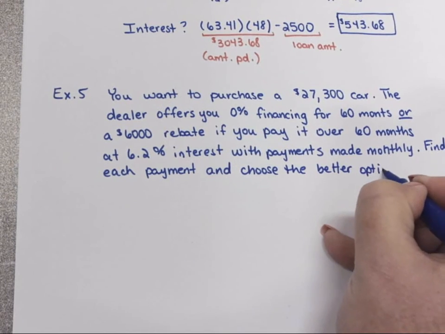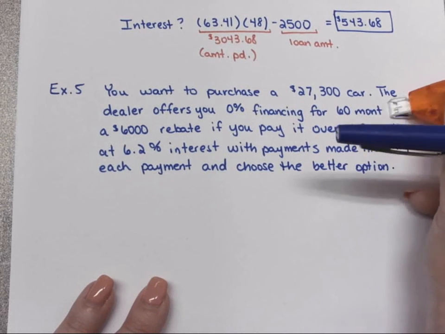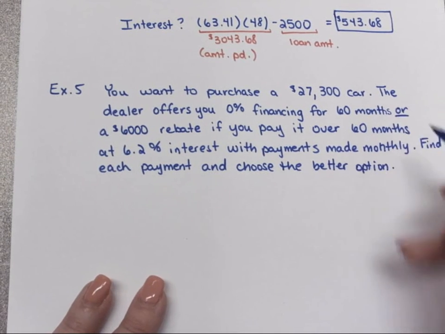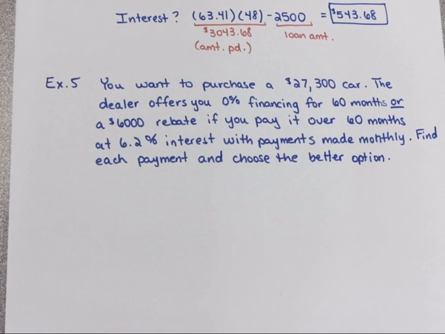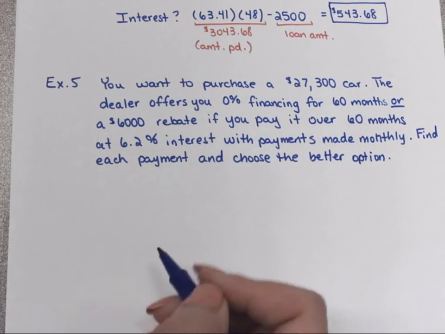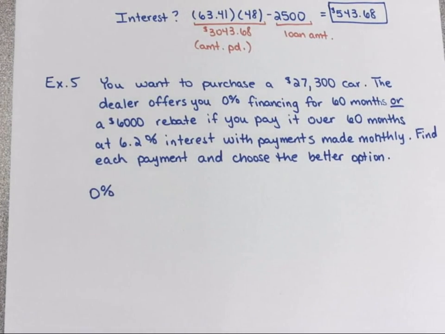Now, if it weren't for the rebate, which one would definitely be better? Yeah, the 0% would definitely be better, right? The question is, does the rebate give us enough of a boost so that paying interest is a better plan for us? Okay. So for the 0%, it's very simple.